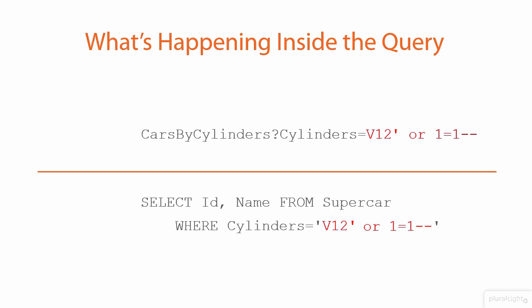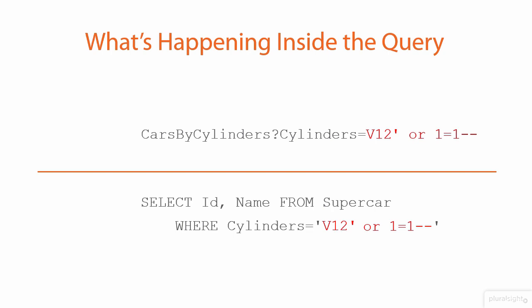The final thing in this query worth noting is the double dash. Per the last module, we saw that this was the comment syntax for SQL Server. So that double dash in the query string filters down into the actual SQL query itself, and it cancels out that last single quote. On that bottom line, everything in red is what's come in via the URL, so again, the untrusted data from the user.